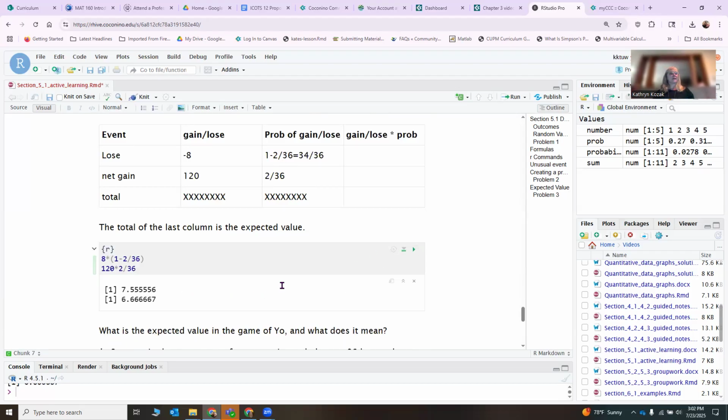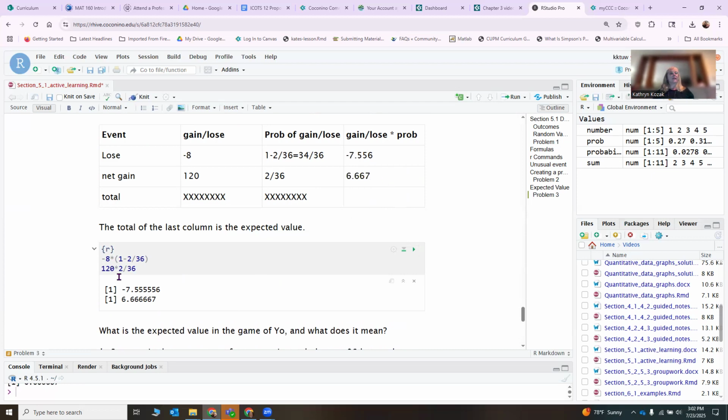I run that, and this one I have to remember is negative. Actually, I could have put the negative in there. Let's do that. And so I get negative 7.556, and this one is 6.667.